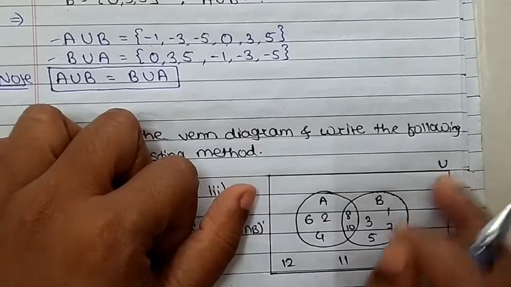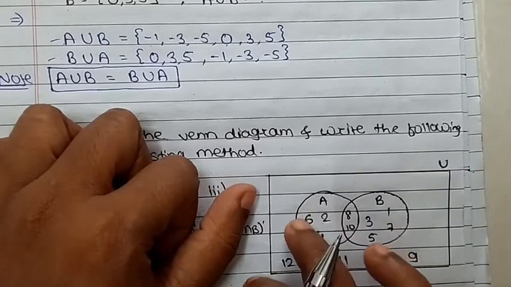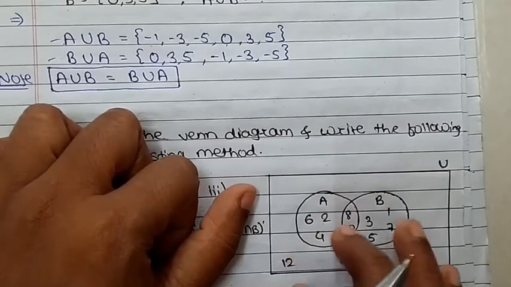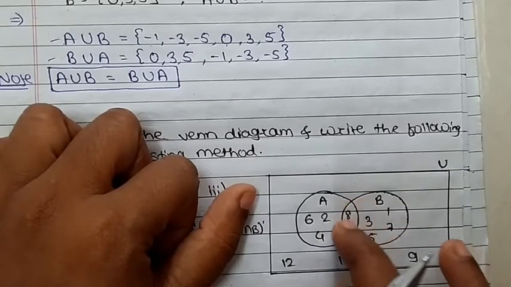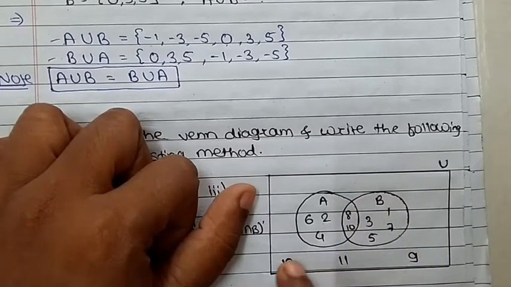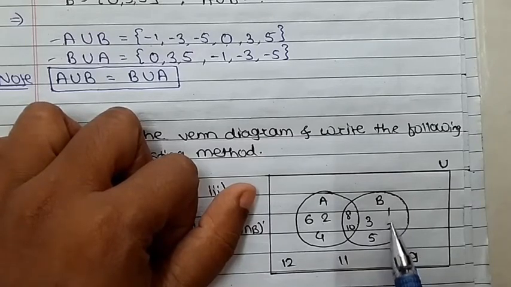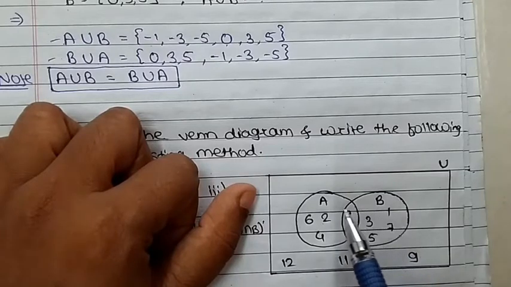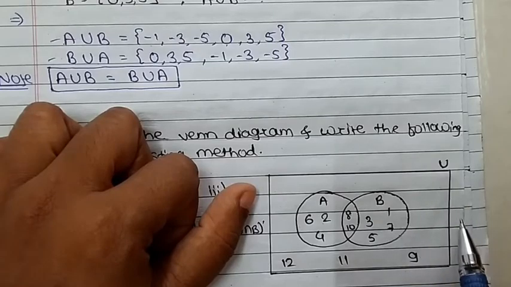In that universal set there are two sets, that is A and B. Set A and set B. Okay, some intersection is there. The universal set includes the elements from 1 to 11, correct? Because all the elements from A and B are also included in the universal set.